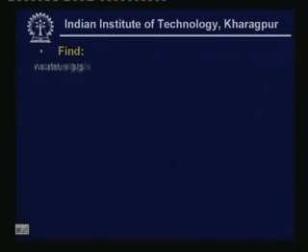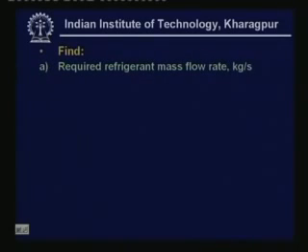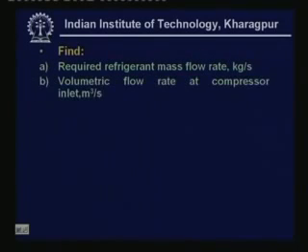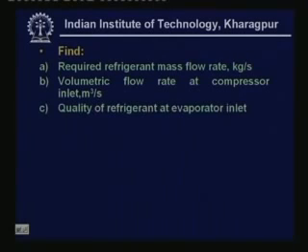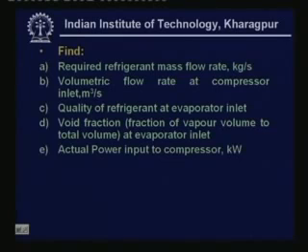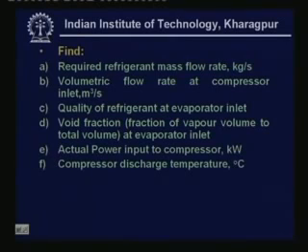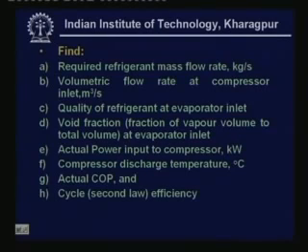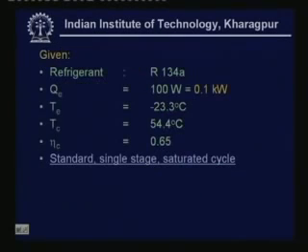From this information we have to find the required refrigerant mass flow rate in kg per second, volumetric flow rate at compressor inlet in meter cube per second, quality of refrigerant at evaporator inlet, void fraction at evaporator inlet, actual power input to compressor in kilowatts, compressor discharge temperature, actual COP, and finally the cycle or second law efficiency.